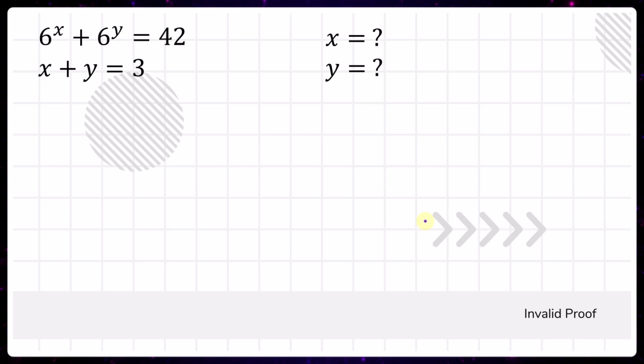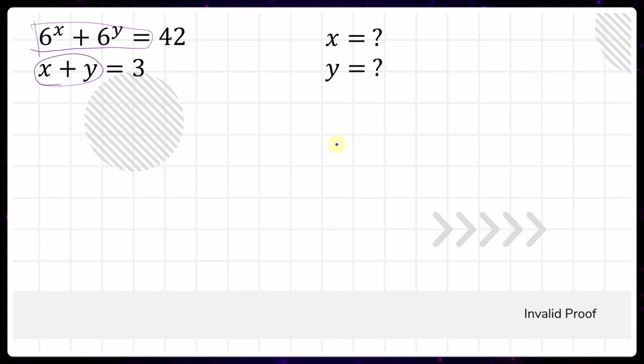But the question is, how are we going to do that? Okay, let's see what we have here. We have x plus y equals 3, but on the other hand, we have 6 to the power of x plus 6 to the power of y equals 42. Now, how are we going to remove one of these variables?